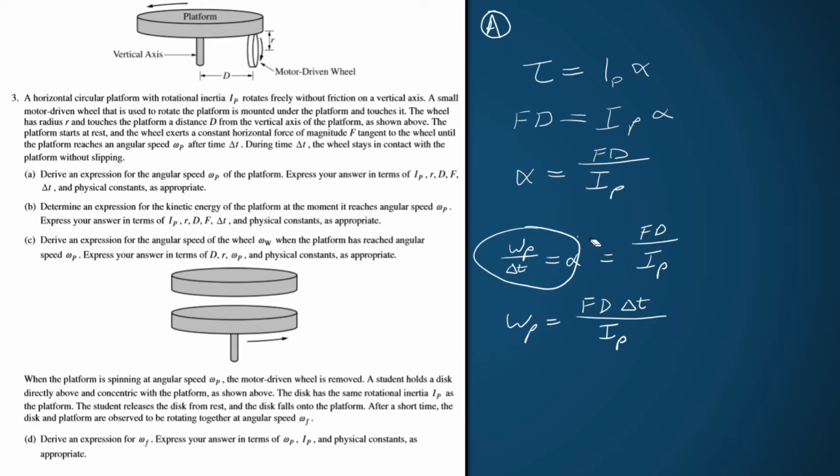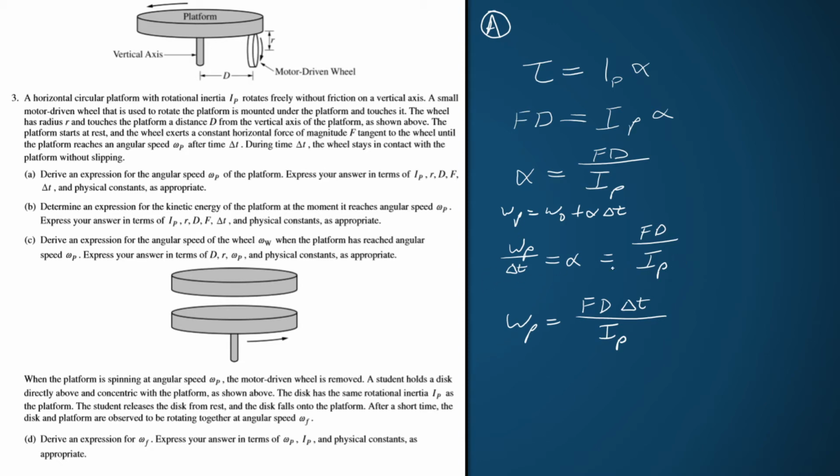However, in this case, we could say that our angular velocity right now is equal to our initial angular velocity plus alpha t with our kinematics equation. We end up getting alpha is omega p over delta t because our initial velocity is 0.